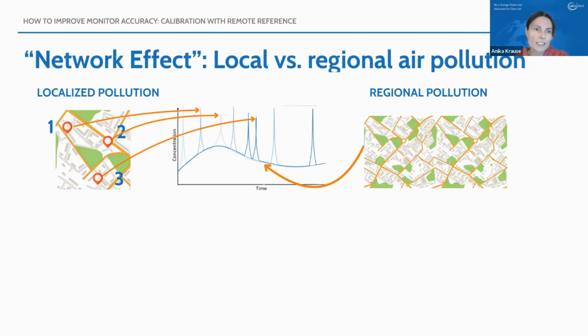For this, I need to go a little bit into theory. When we talk about air pollution, we can say that it is built out of two components. A regional component that changes relatively slowly and is also relatively constant over large areas.